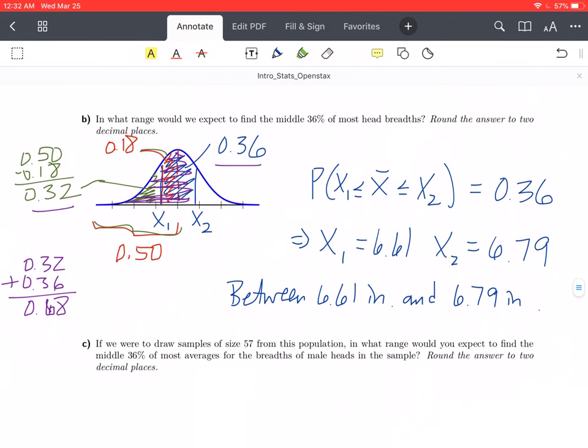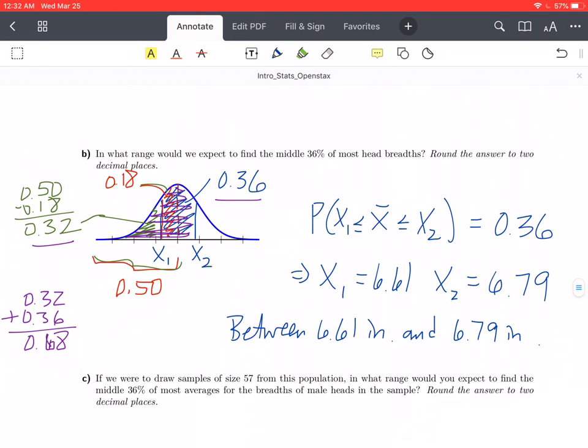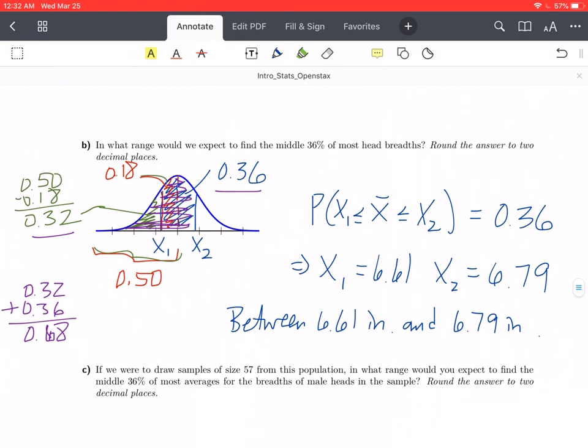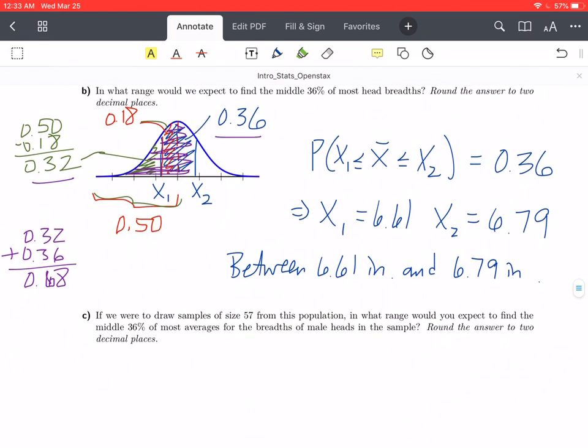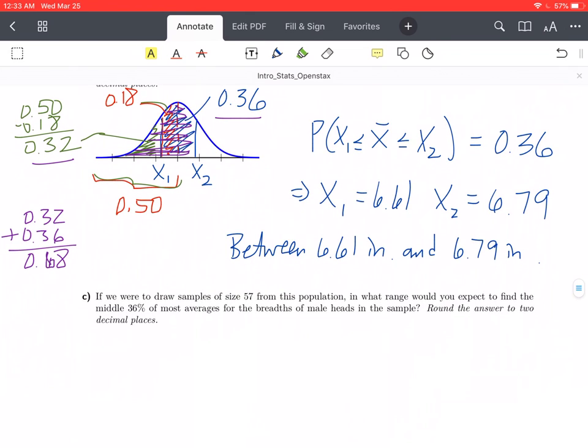And this is based on our assumption of a sample size of 41 that we saw in the earlier part as well. And then for part C, very similar. If we were to draw samples of size 57 from this population, in what range would you expect to find the middle 36% of most averages for the breadths of male heads in this sample?